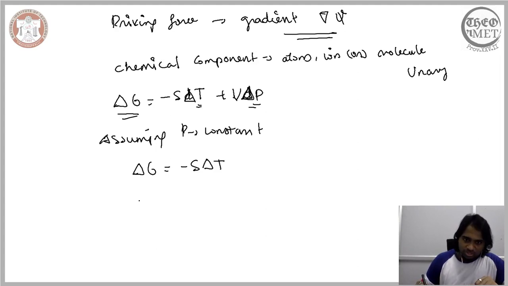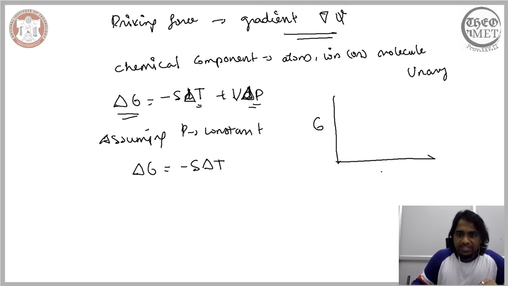Now it is possible for us to plot the Gibbs free energy versus the temperature plot for this system. For a single component system, we have this expression for the constant pressure condition, and based on this expression we will be able to graphically illustrate the change in the Gibbs free energy with respect to temperature.